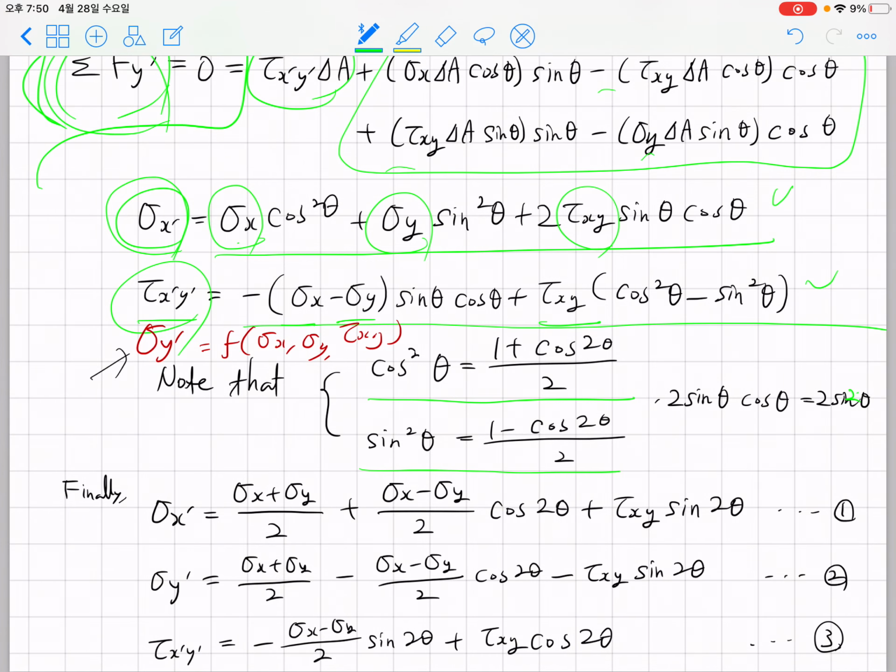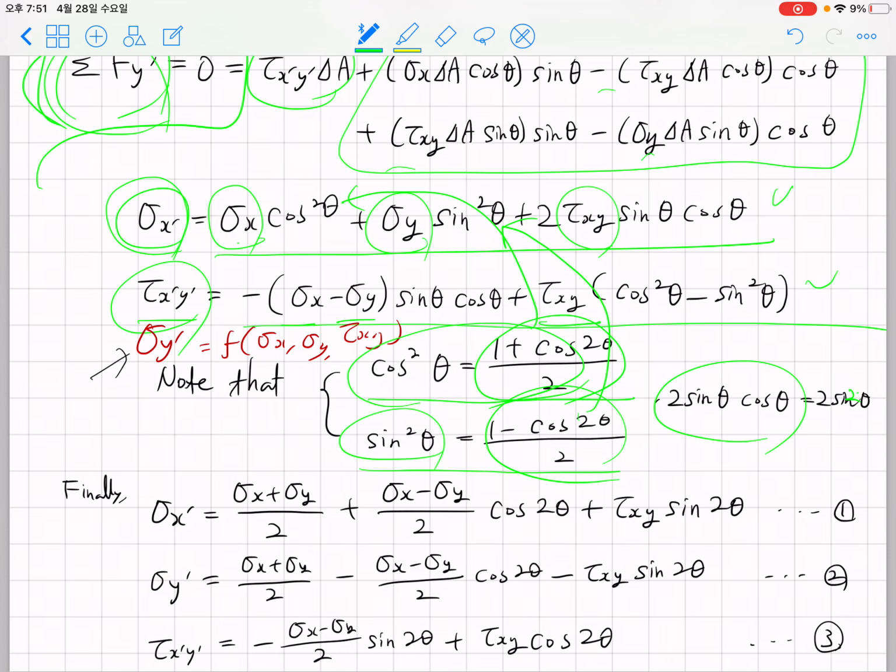After replacing the cosine square, sine square, and sine theta cosine theta terms, you end up with these 3 equations: sigma x prime, sigma y prime, and tau x prime y prime, in terms of sigma x, sigma y, tau xy, and cosine 2 theta and sine 2 theta.